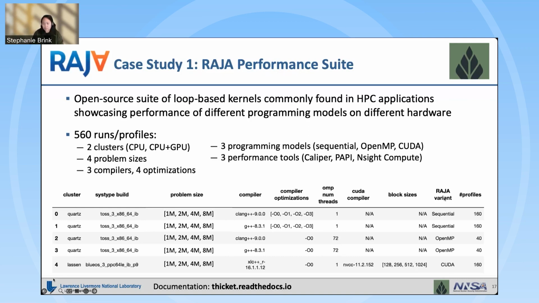And then the RAJA Performance Suite has identified different variants, so we're varying across those. And this gives us the number of profiles that fit within that combination of metadata. And so we're going to use Thicket to analyze within sets of these runs.